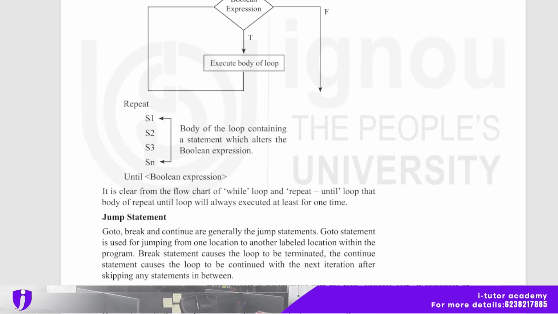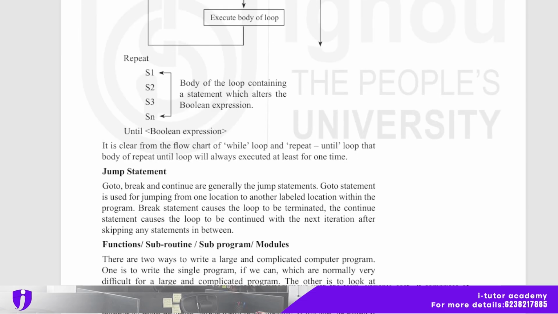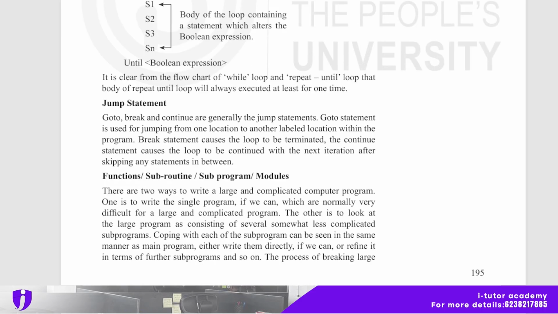And jump statements: goto, break, and continue are generally the jump statements. The goto statement is used for jumping from one location to another labeled location within the program, the break statement causes the loop to be terminated, and the continue statement causes the loop to continue with the next iteration after skipping any statements in between.